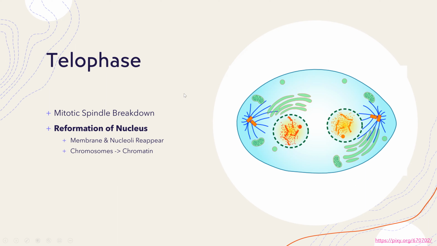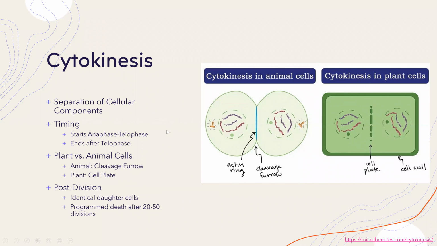So finally, we have the physical part of mitosis in terms of the entire cell. And that's just cytokinesis, where we basically make sure that both daughter cells have enough mitochondria, if you're an animal cell, mitochondria and ribosomes and other organelles, chloroplasts if you're a plant cell, and enough cytoplasm as well.